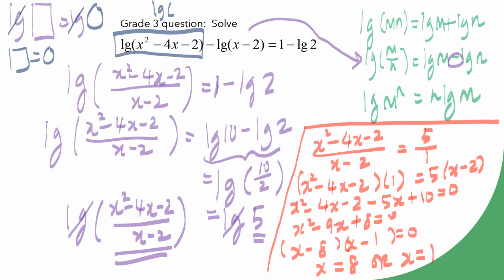So 1 minus 4 minus 2, you end up getting negative 5. You can't have negative 5, because that will not satisfy the definitions of a log. So therefore, for x equals 1, you will have to reject the answer.